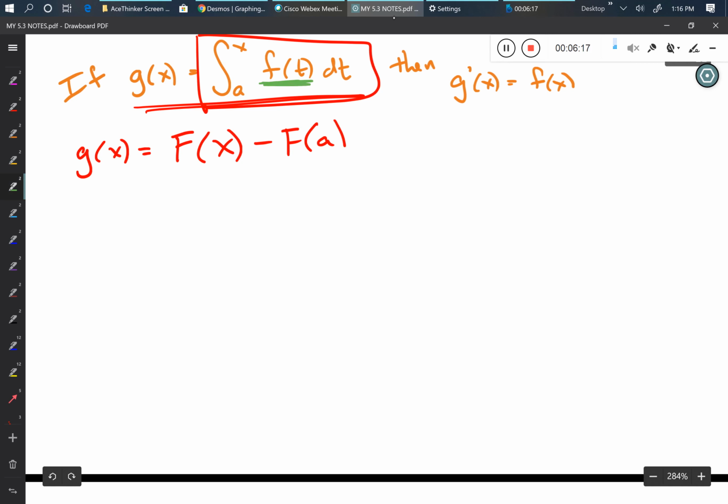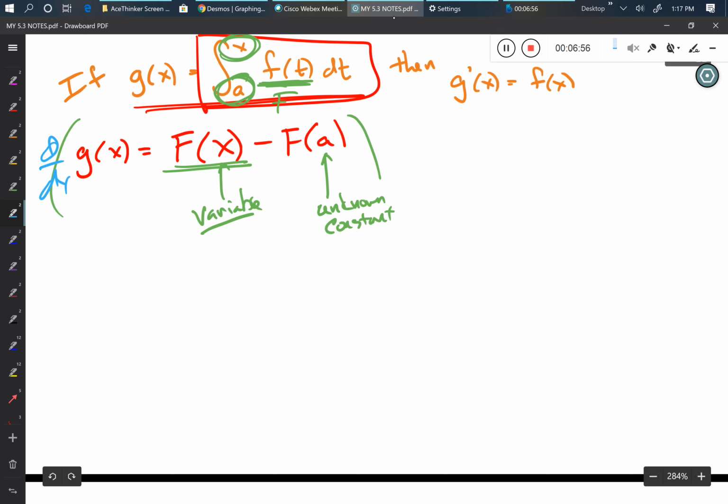Well, if my integrand is little f, then my antiderivative is big F. And it's at the upper limit minus the lower limit. So there's my function. Good so far?